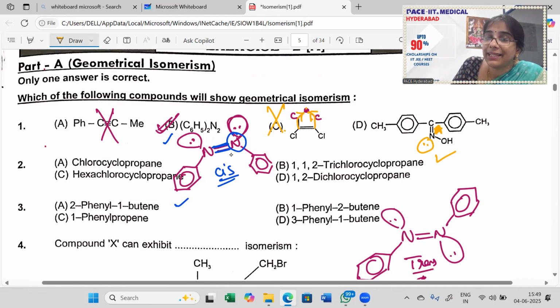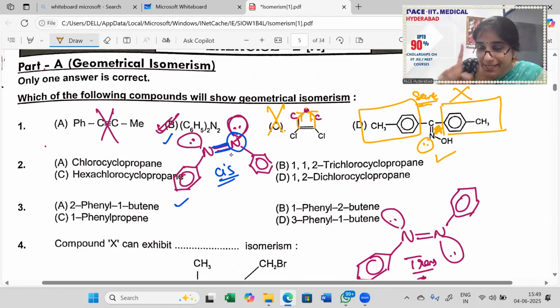And the other side is the carbon, which has a phenyl group with CH3 on the right side, and a phenyl group with CH3 on the left side. You have the same groups, so geometrical isomerism doesn't exist here. Geometrical isomerism exists only if you have two different groups on the restricted site. Remember that. All right, so option B is my answer here. Next question.